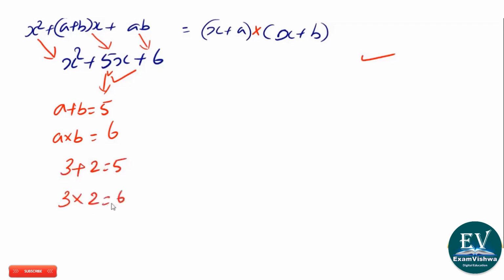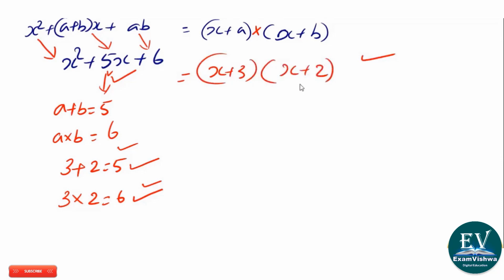It's an easy task now. 3 plus 2 is equal to 5 and 3 into 2 is equal to 6. That means we got it easily. Every time we won't get it easily, but here we got it. So why can't we write this in the form (x plus 3) into (x plus 2)?